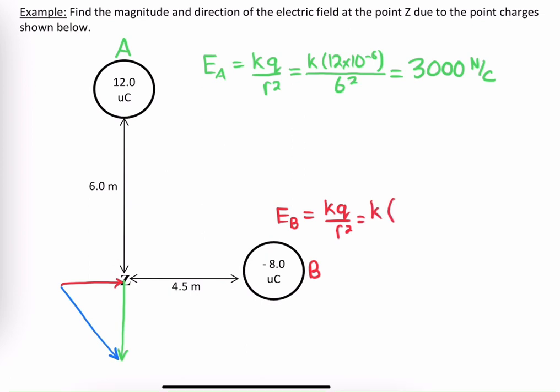Again, in this formula, for the electric field created by a charge, I don't use the negative sign. This formula is only for magnitudes. I used the negative sign already. I used it when I was deciding which way to draw this arrow. So I used it in deciding the direction.